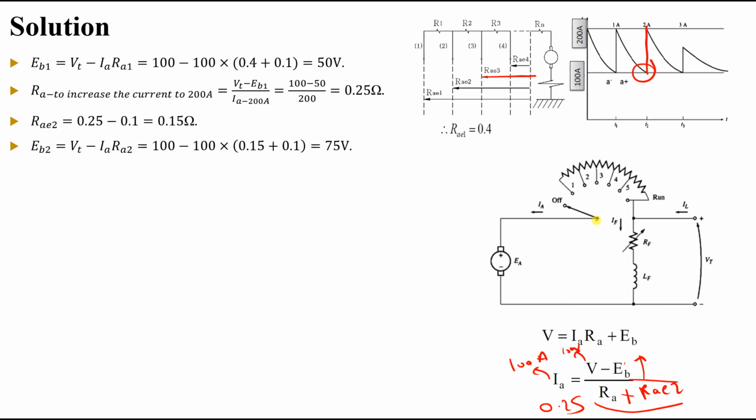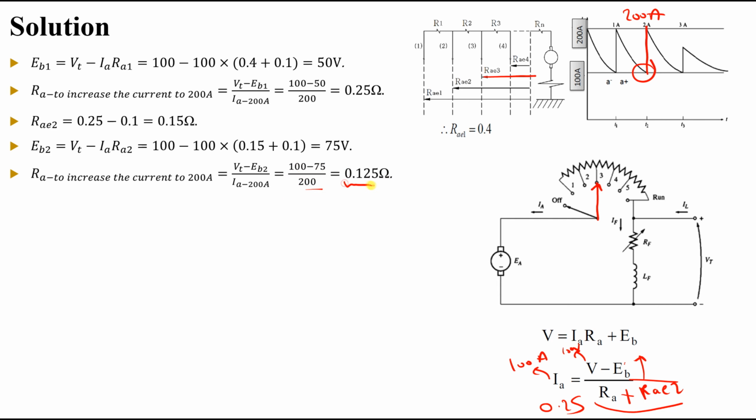So we are going to step number 3 to raise the current once more to 200 ampere. To raise it again to 200 ampere, it will be V minus E back over 200 amperes, which will be 0.125.